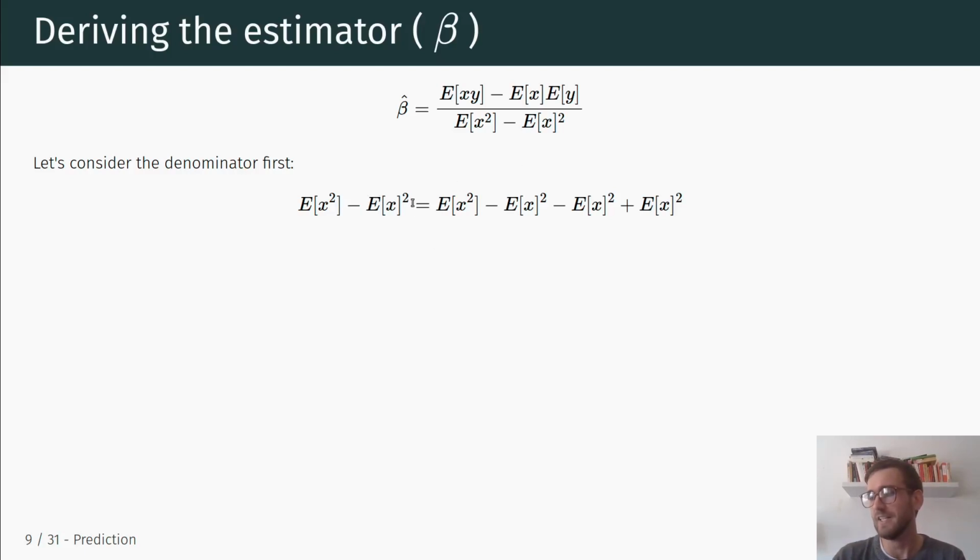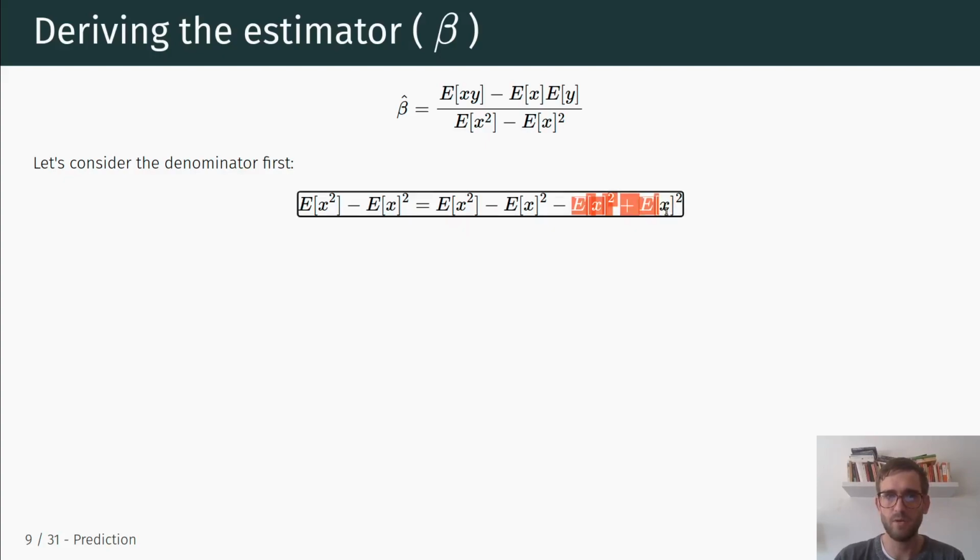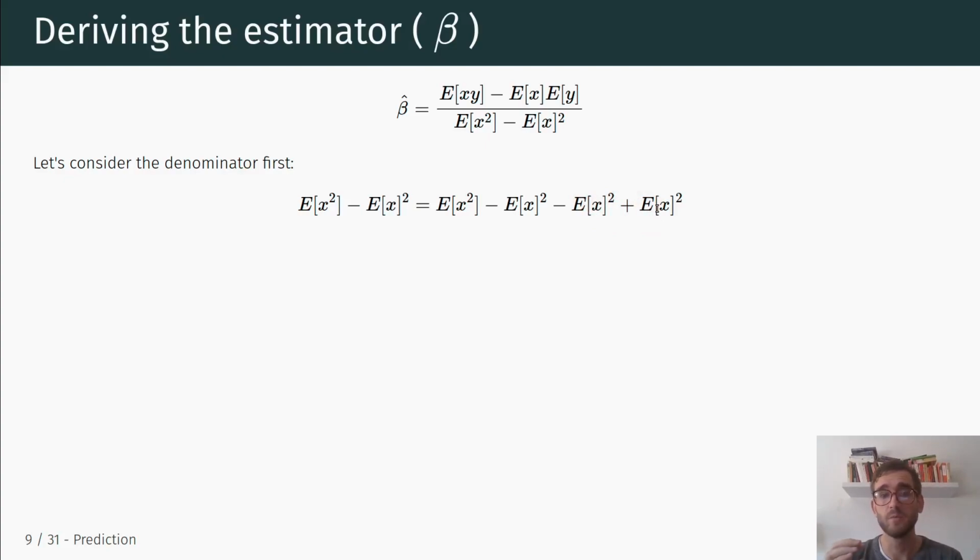We have the expectation of x squared minus the square of the expectation, and from this part we will subtract the square of the expectation again, and then we add the square of the expectation. Obviously these two lower parts, minus the square of the expectation plus the square of the expectation, just cancel out. That's just 0, right? So we're not changing any math here. We're just subtracting something and then adding something.